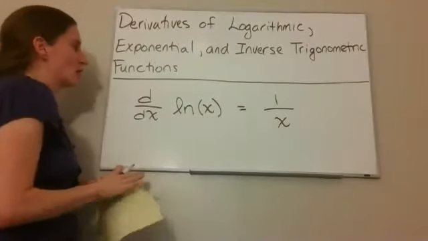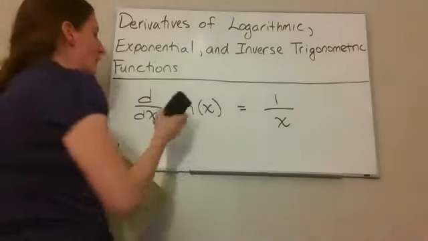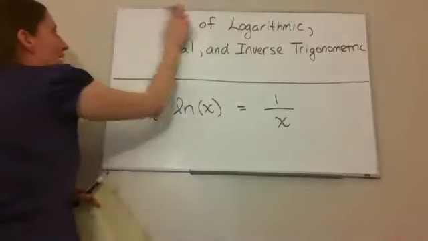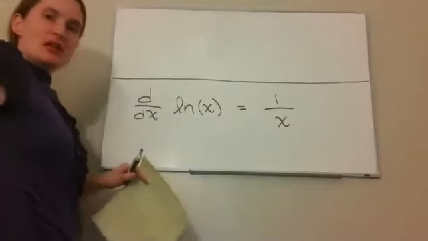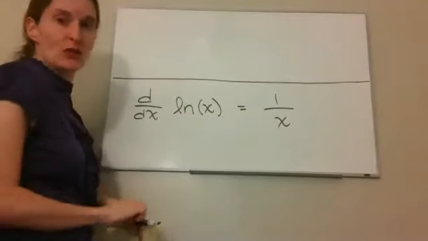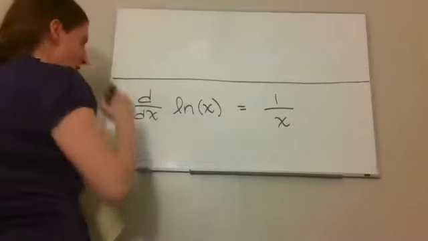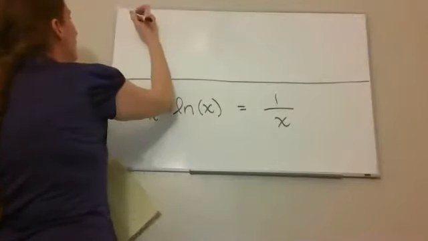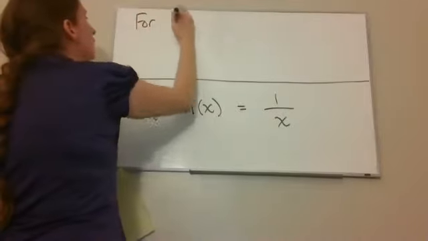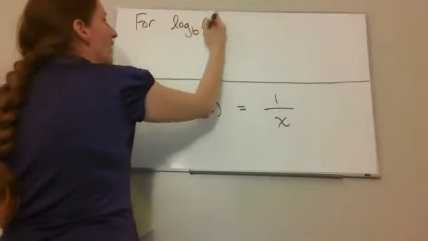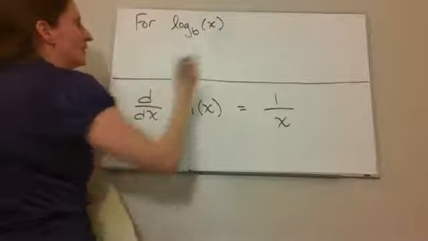Now, if I were to want to find the derivative of a logarithm with a different base, there is a formula you can memorize for it, but you can also just use the change of base formula and you would end up with the same answer. So let's look at log base b of x, so any base b.